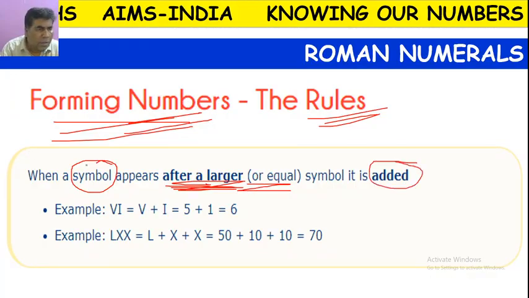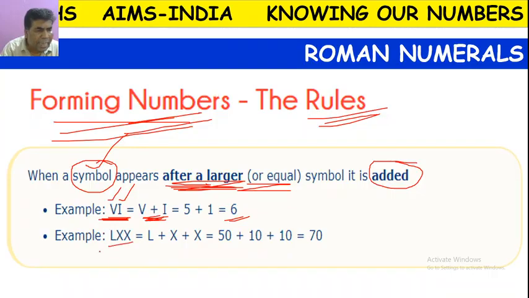Suppose you take VI. V is the larger, and after that we have I. So after the larger number we have I, and we have to add both the symbols. So the answer is 6.